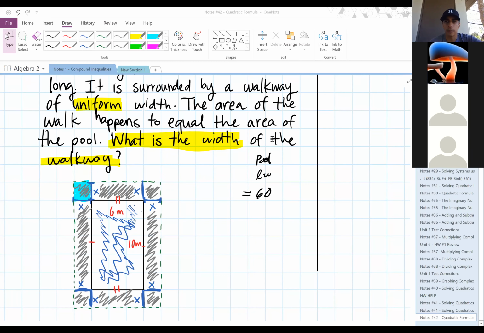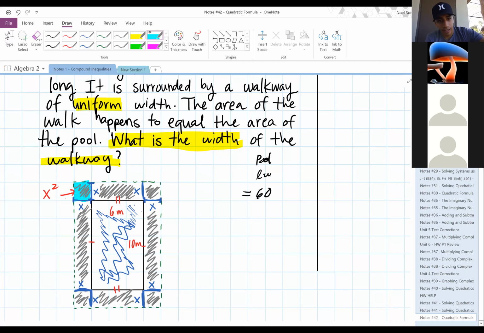It doesn't have any numbers attached to it, but I know the dimensions of that little corner. So wouldn't that area be x times x, which is just x to the power of 2? Oh, wait, hold on, let's go back. My little blue section here in the corner, that's x squared. That's the area there.